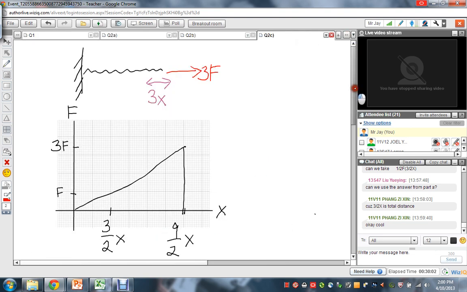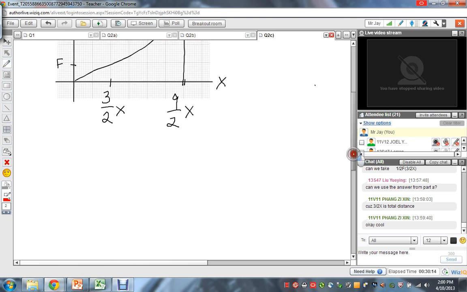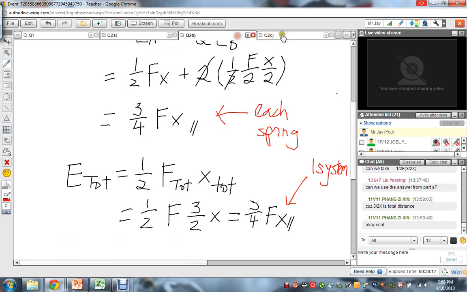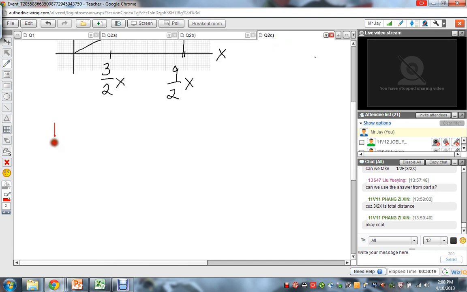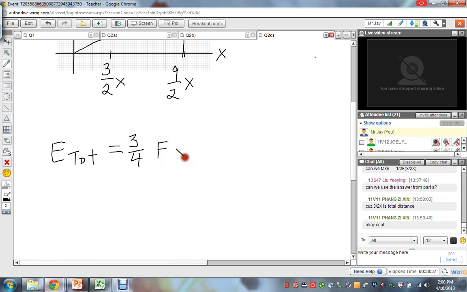Now, we know that for one spring, when the force is tripled, the extension is tripled. So if we take our expression from part B, E total is given by 3 over 4 Fx.